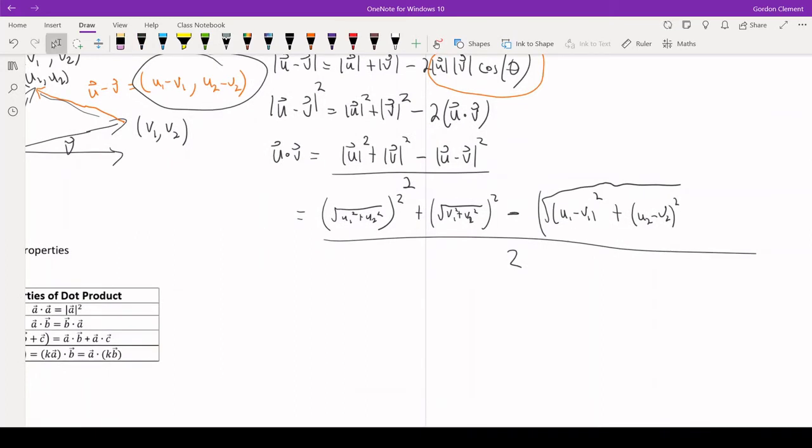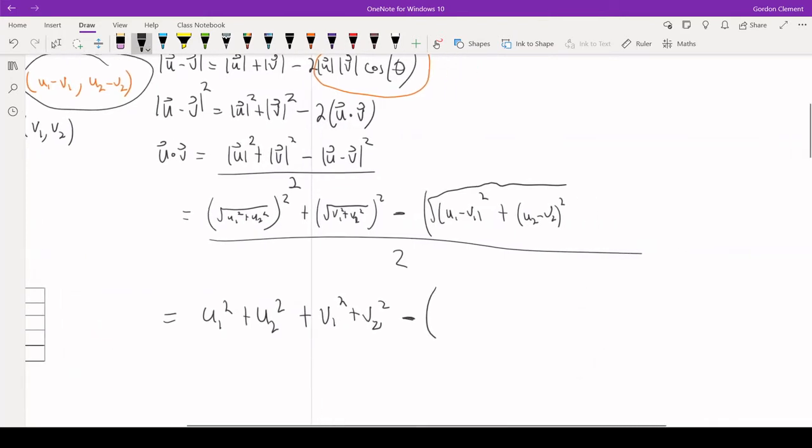And this turns into a great big awful mess, but basically the square root's going to cancel out with the squared, so that first part just becomes u1 squared plus u2 squared. The second one becomes v1 squared plus v2 squared, square root goes away. And then I'm going to subtract, in brackets, the magnitude of u minus v all squared. So again, the squared and the square root cancel each other out. And then I'm just going to expand these two brackets.